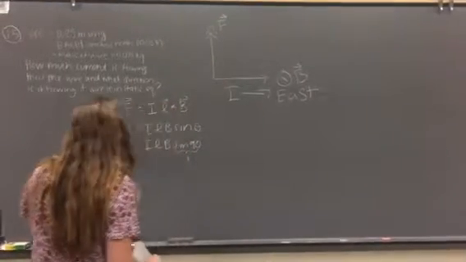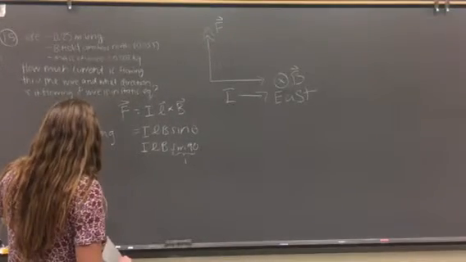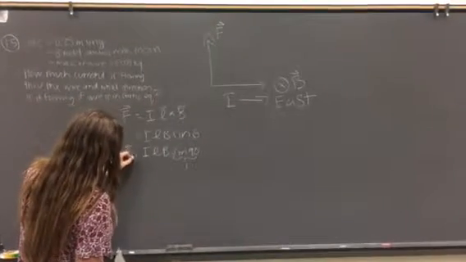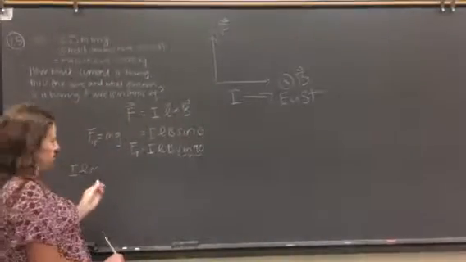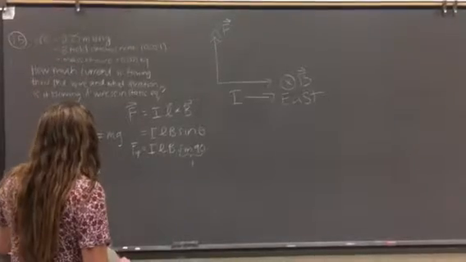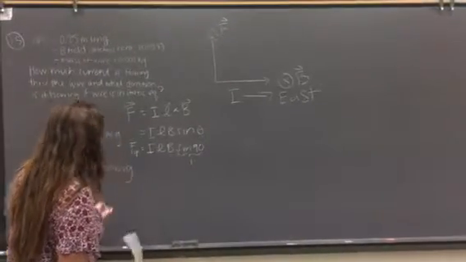So in order to solve for our current, this gives our force up. So we'll have I L B times 1 is equal to mg, and then we can evaluate.